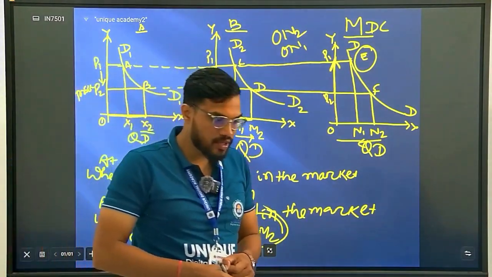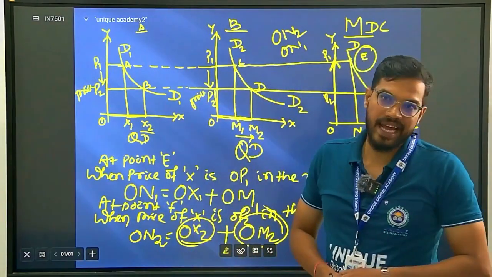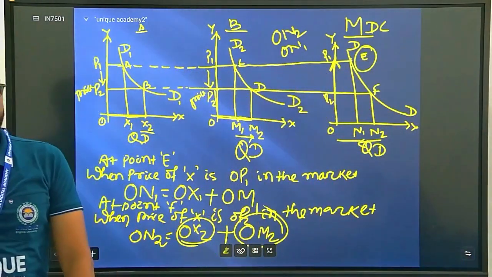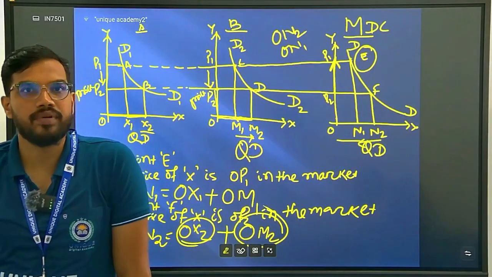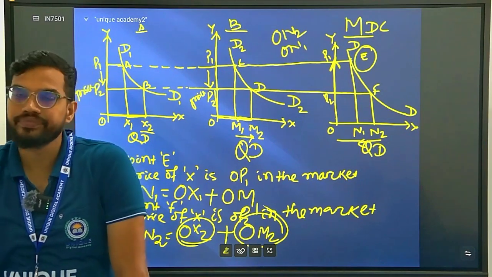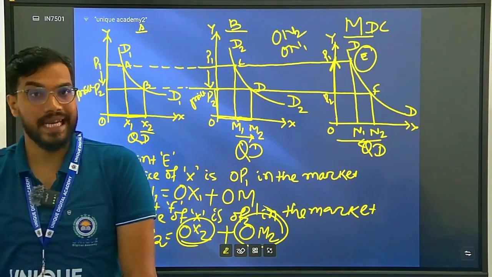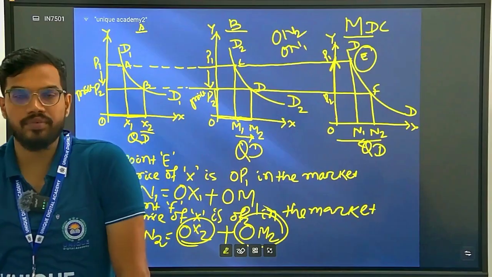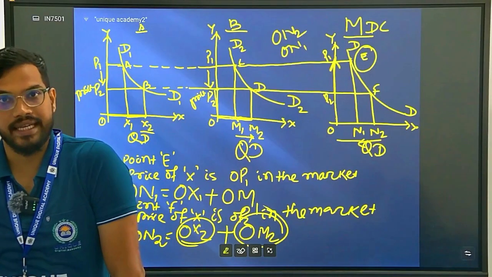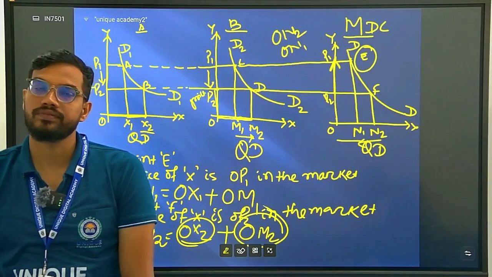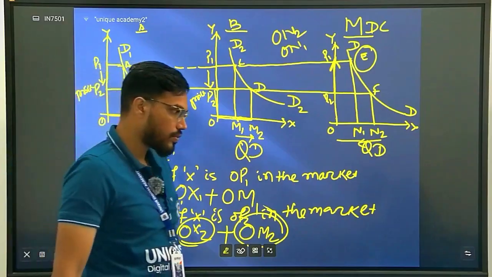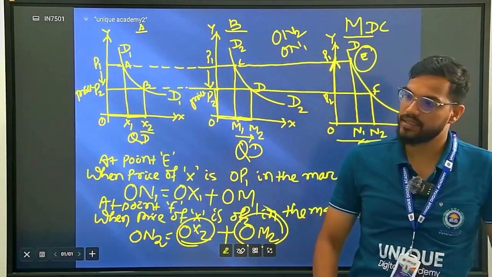Definition of elasticity of demand, different types or kinds of elasticity of demand: perfectly elastic demand with some examples, perfectly inelastic demand with some example, relatively elastic with some example, relatively inelastic with some example, and unitary elastic. So, next class we will discuss that.